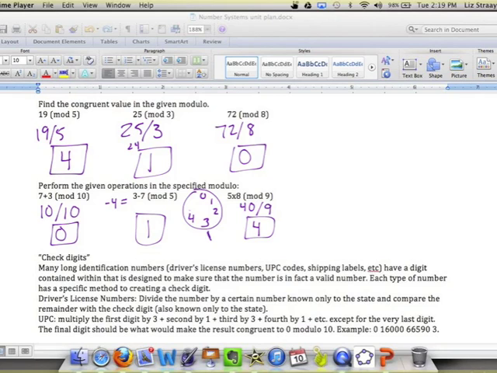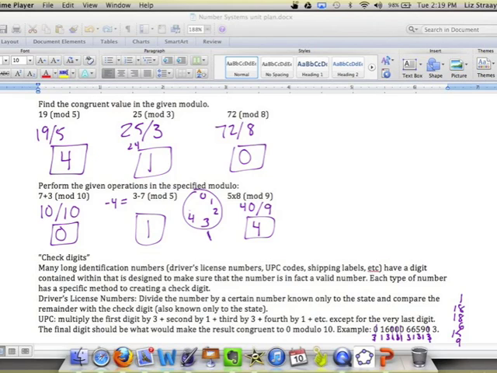So we start with the very first digit, we multiply by 3. Then 1, 3, 1, 3, 1, 3, 1, 3, 1, 3. But we don't multiply that very last one. Okay, so then I would go on my calculator. If I'm multiplying by 0, that doesn't really matter. So then 1 times 1 is 1. 6 times 3 is 18. 0, 0, 0. And I've got an 18, a 6, a 15, a 9.